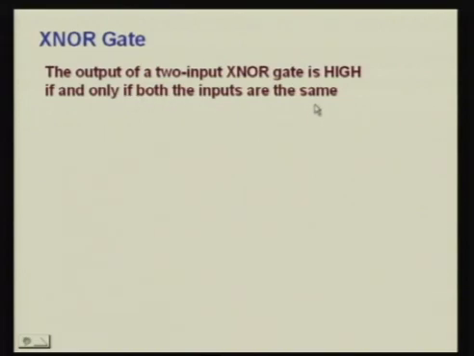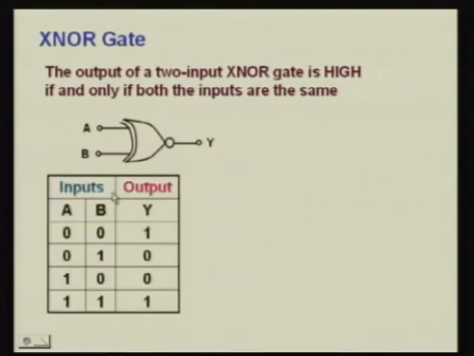It is just the opposite of the XOR gate, where we got a high state when both the inputs were unequal, but here we will be getting a high state if both the inputs are identical. So this is the symbol for the XNOR gate. It is similar to the XOR gate, only we have put here a bubbled structure, that is, inverting the output of an XOR gate.